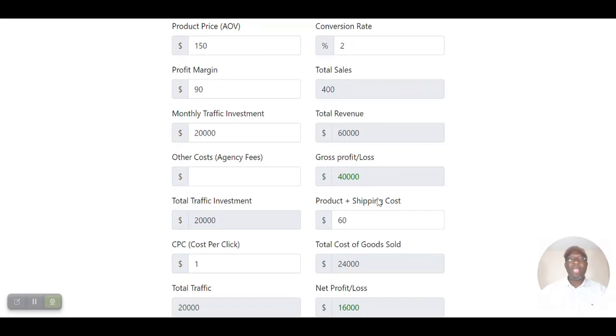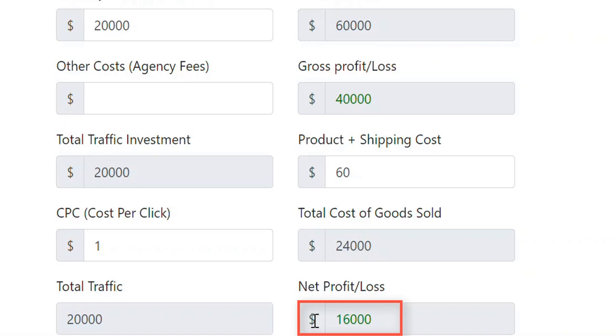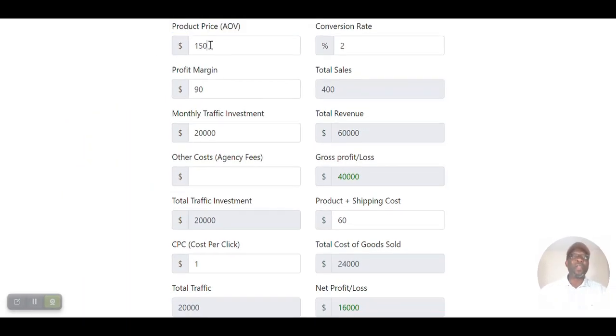At this stage, you can see just by adjusting the average order value, we have removed completely the loss, and now they are in profit with $16,000. What we've done here is just increase the average order value.